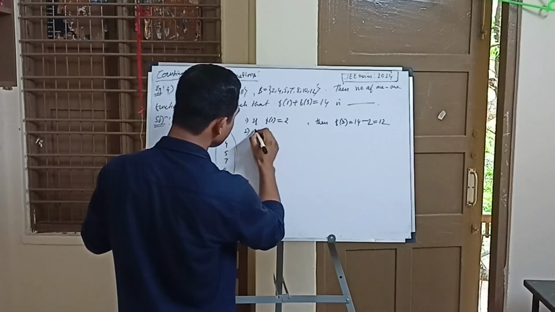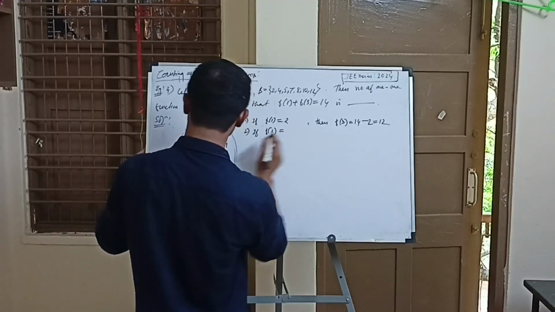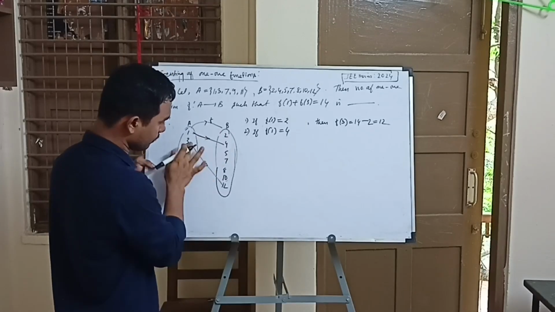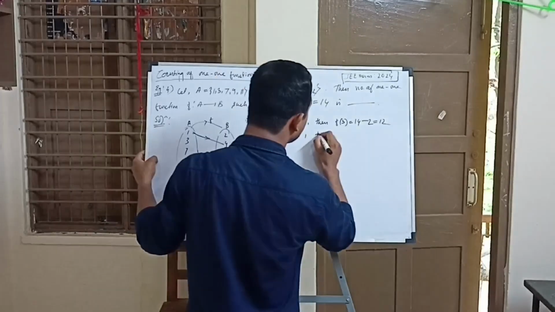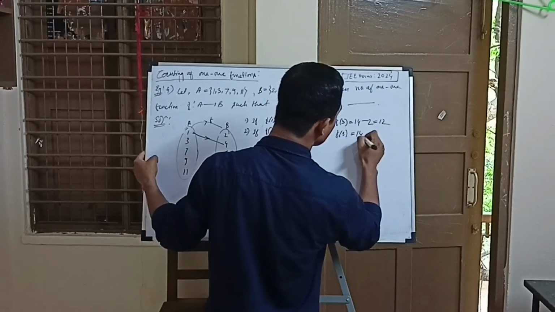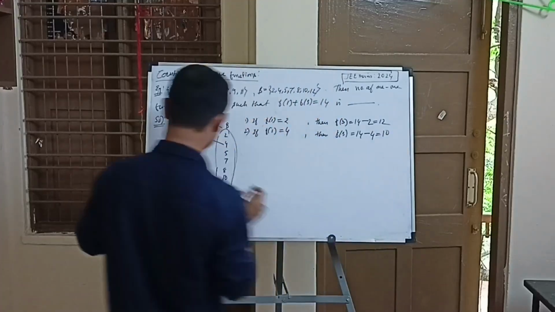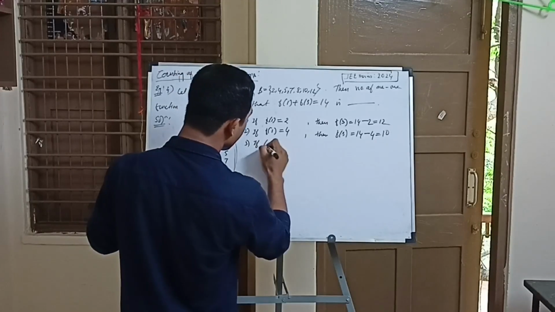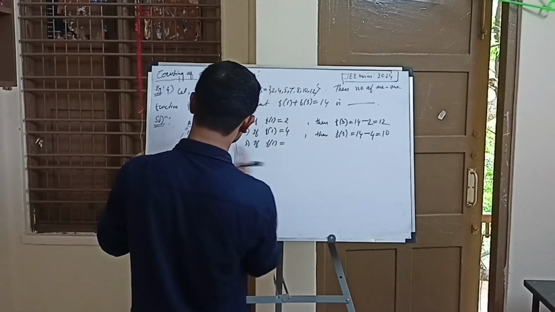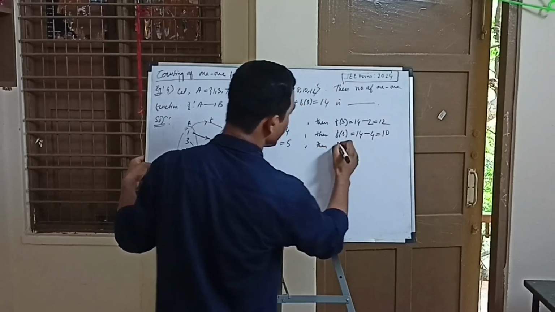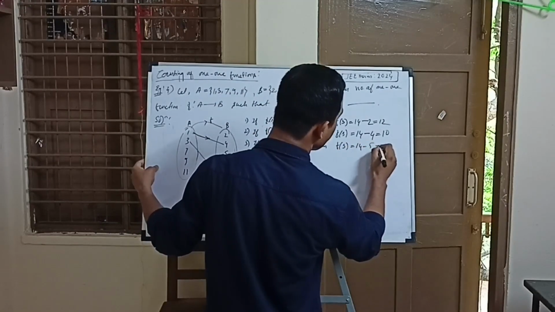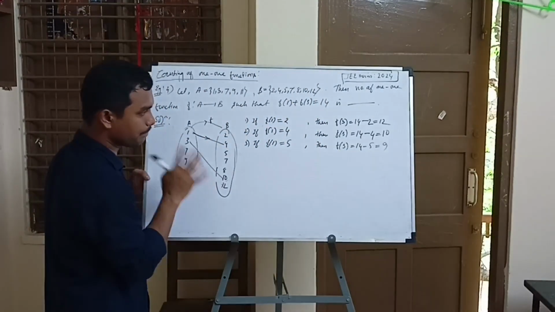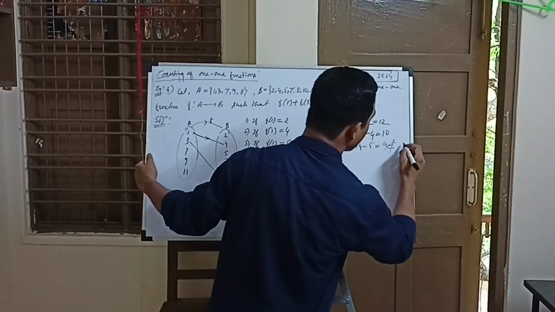Next, case 2: if f of 1 is 4, then f of 3 will be 14 minus 4, which is 10. Case 3: if f of 1 is 5, then f of 3 is 14 minus 5, which is 9. Observe that 9 does not belong to the codomain set B. So this will never happen.